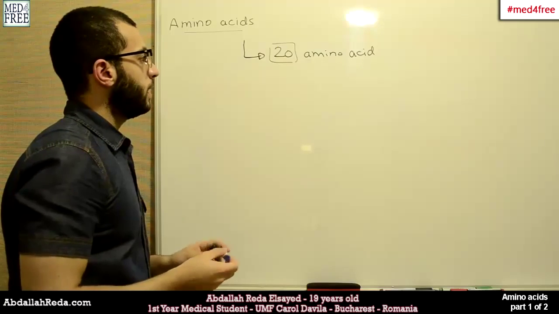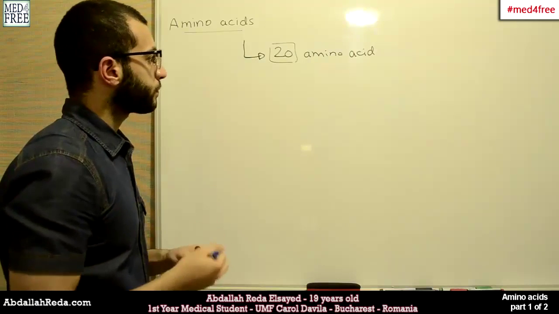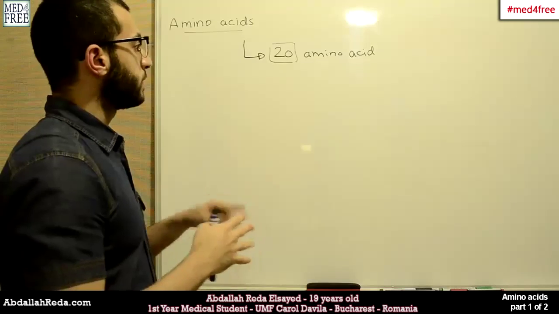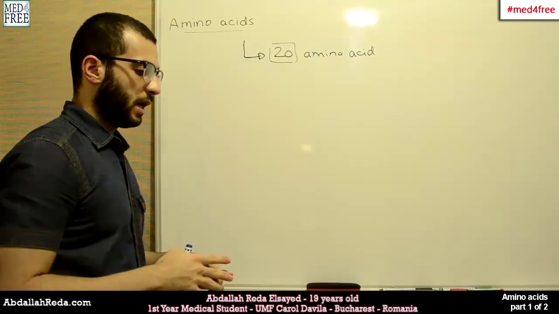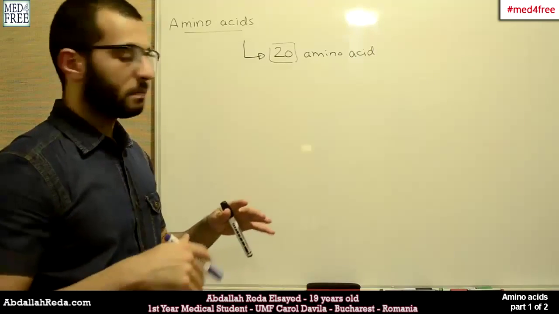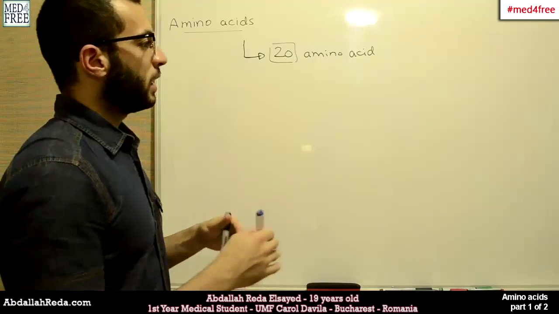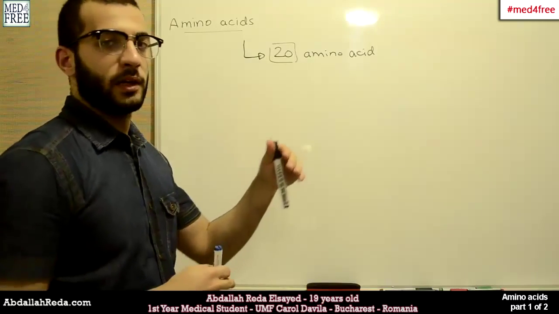We're going to talk about these 20 amino acids, their names and their structures. The structures might seem a little bit complicated in the beginning, but when you know how it works, it actually goes on in an incremental manner.